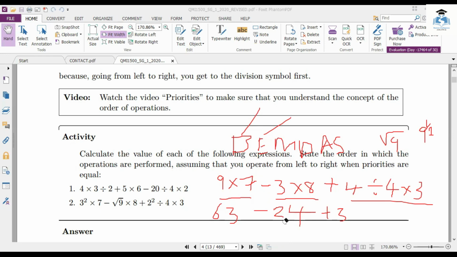All right, 63 minus 24. Our answer is equal to 42. All right. Yes. So you need to take note of that.